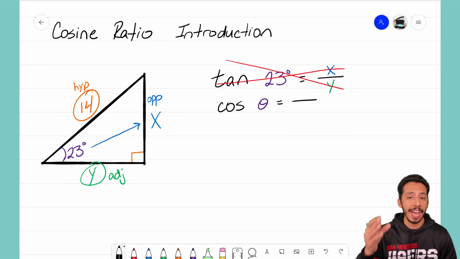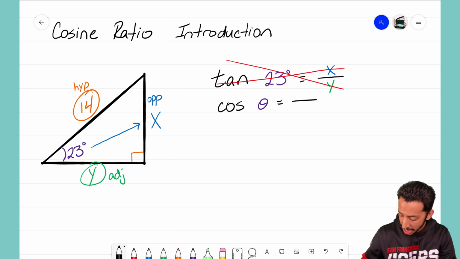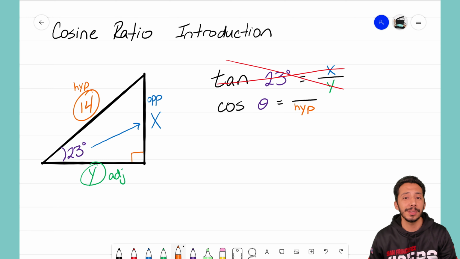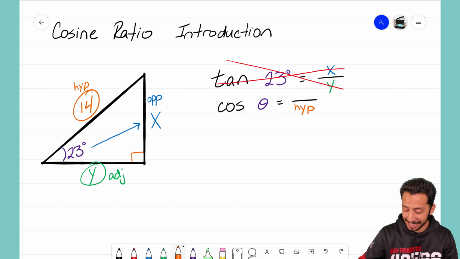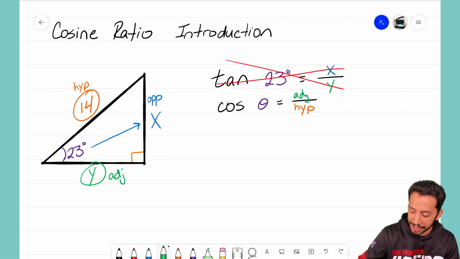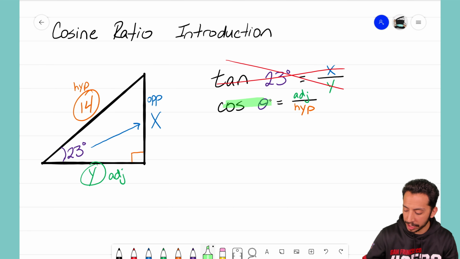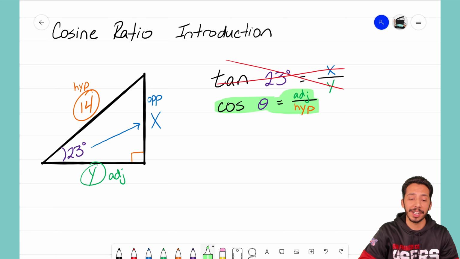Remember, our sine fraction had the hypotenuse as the denominator of our fraction. I'm going to do that same thing. We're going to write our hypotenuse as the denominator. Now what will go as the numerator is not the opposite side, but instead it's this adjacent side. And that right there is our cosine ratio, and it will allow us to now solve this triangle for that value of y, the base of the triangle.